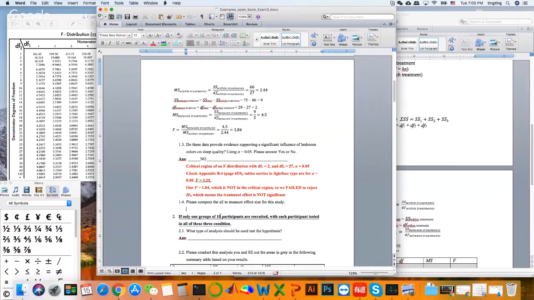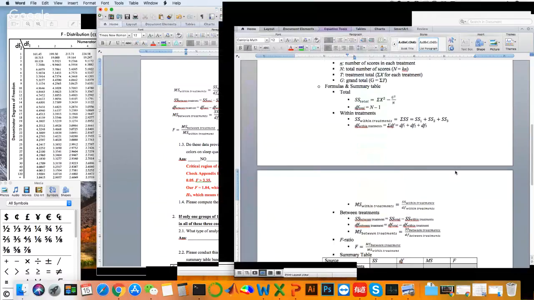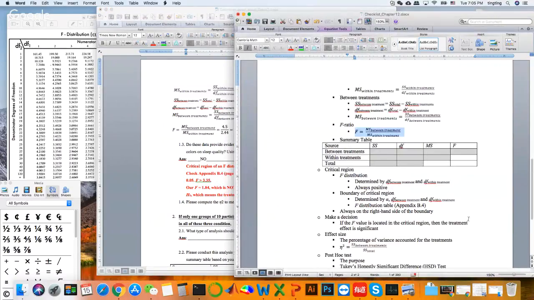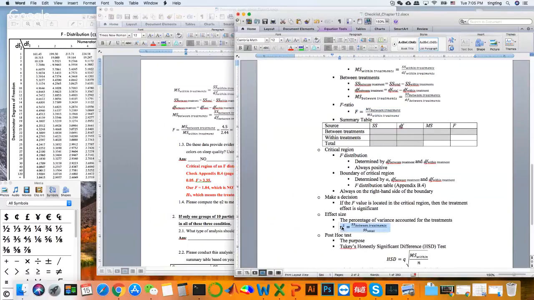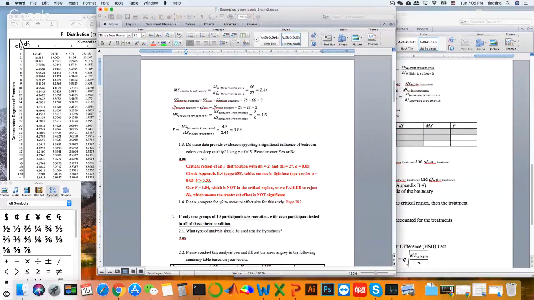which is on page 389. We have the formula. Eta square equals SS between treatment divided by SS total.